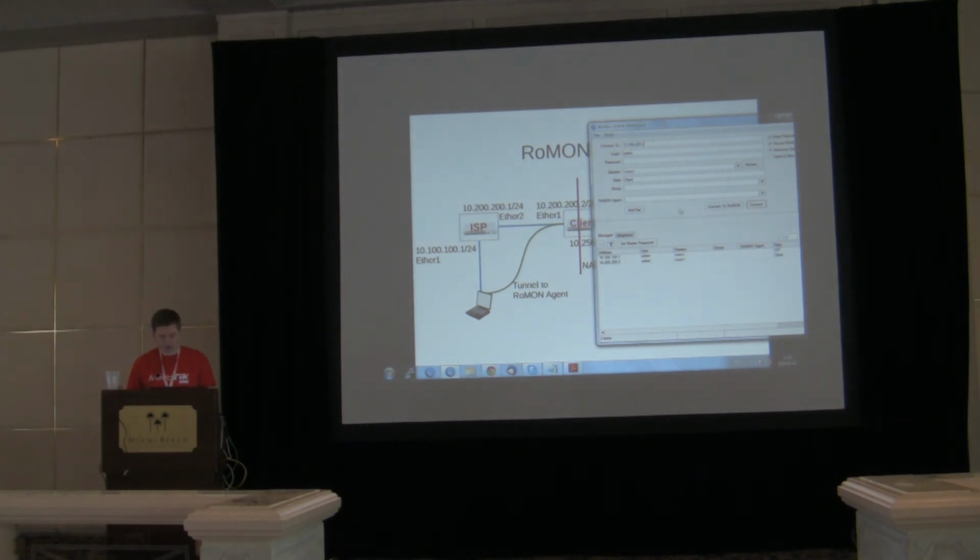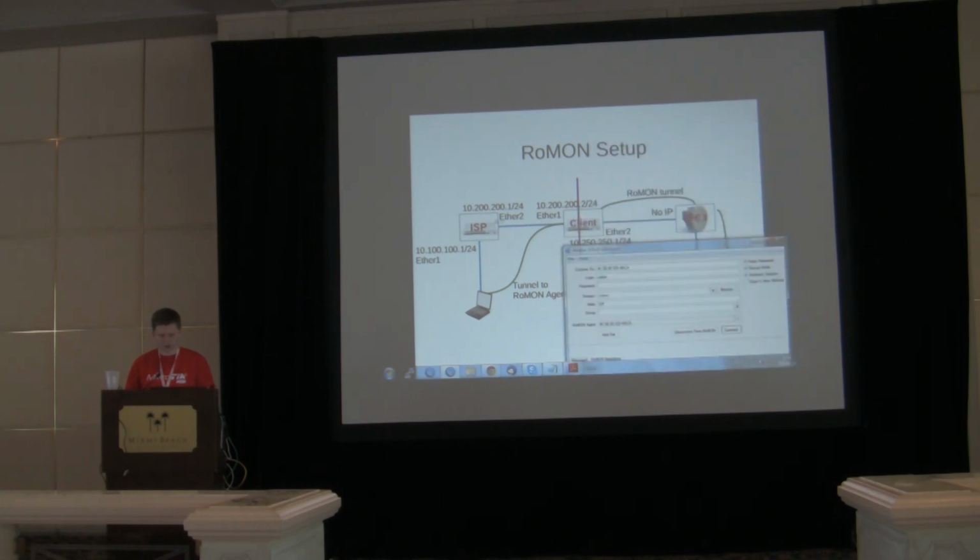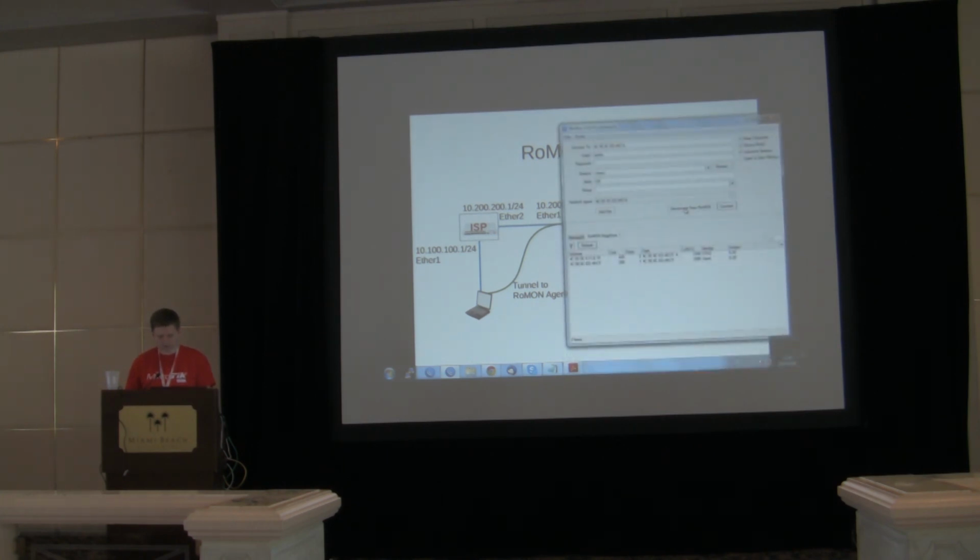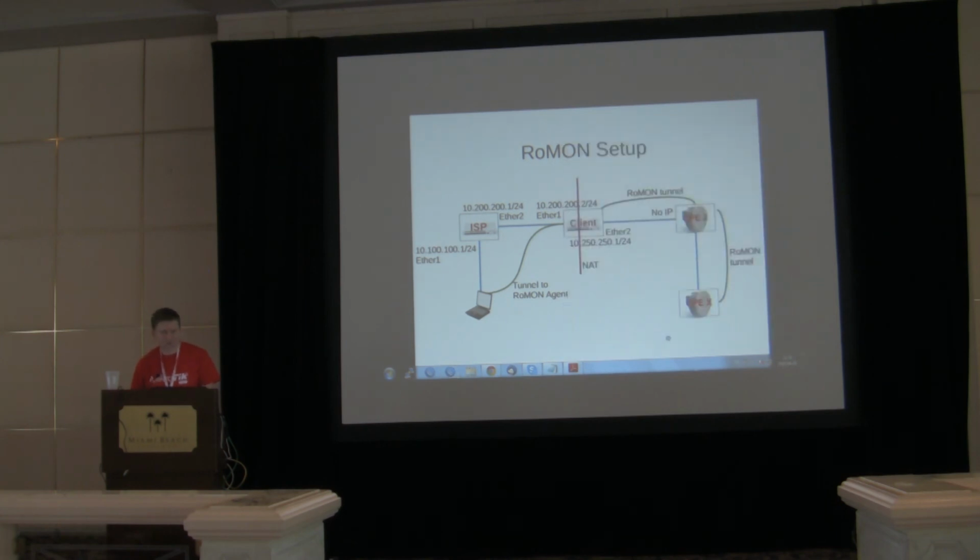I can also try to connect using just regular neighbors, but I can only see this first one, since I'm on this network. I can also use this as a RoMON first entry point, or I can use the MAC address to connect to this ISP, and then do a refresh. I'm doing MAC layer here, and I see all the devices go through here. Does that answer your question? Yes.